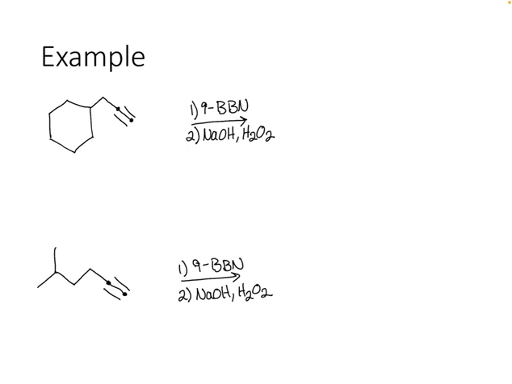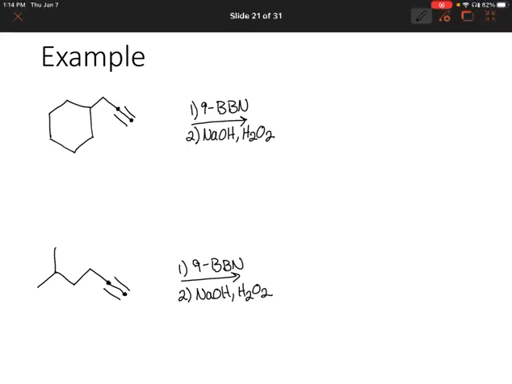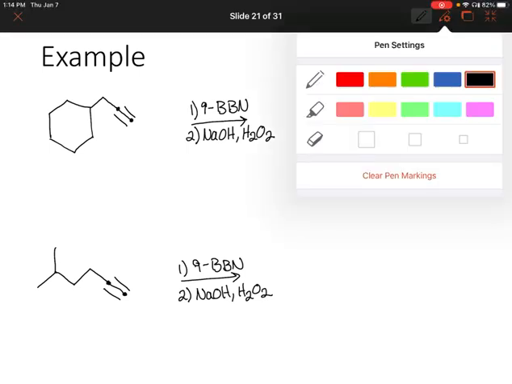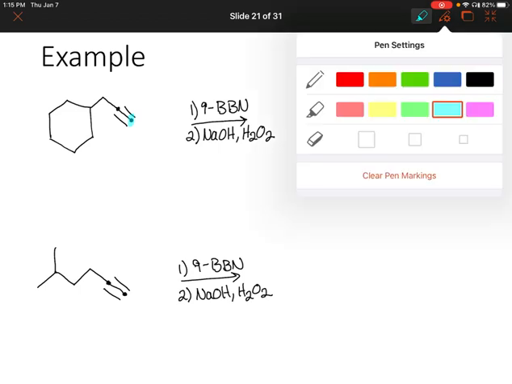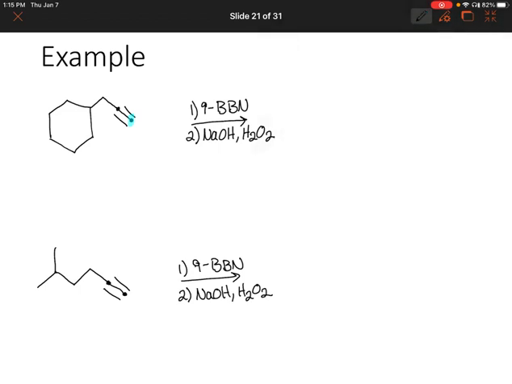Okay, so for our first alkyne, let's see what our product would be. So we have anti-Markovnikov addition, and we know that we're going to end up with an aldehyde at the less substituted carbon. So the less substituted carbon I'll highlight in blue. So we know we get an aldehyde at that carbon.